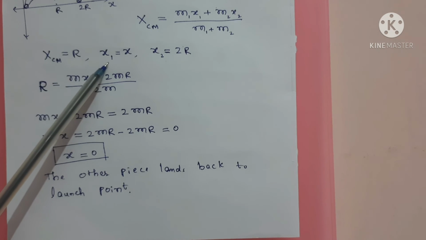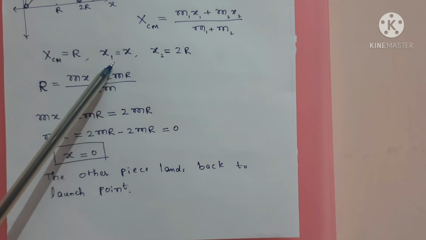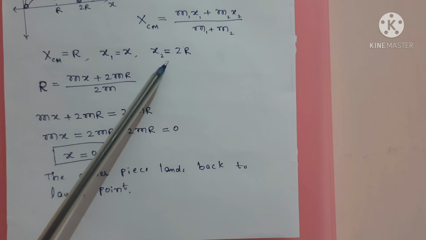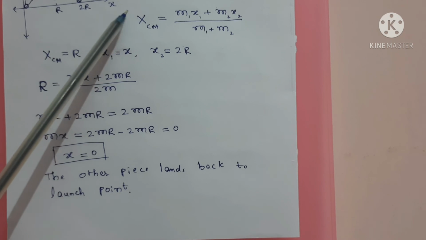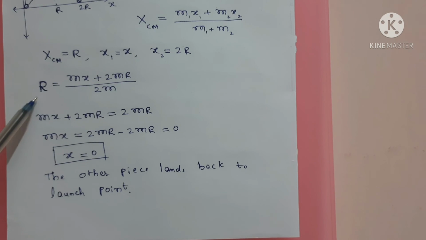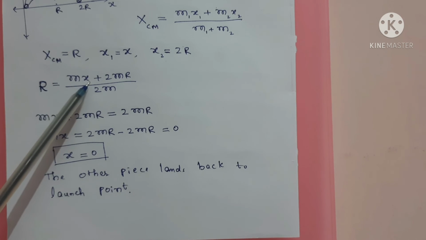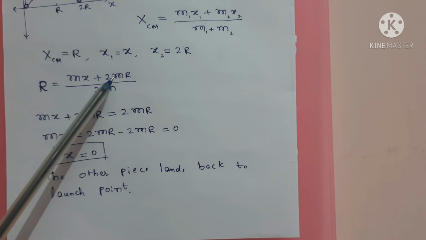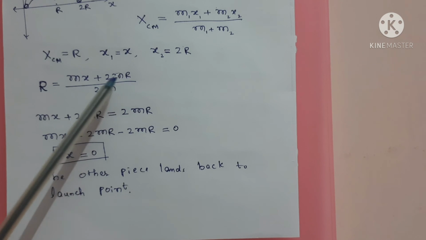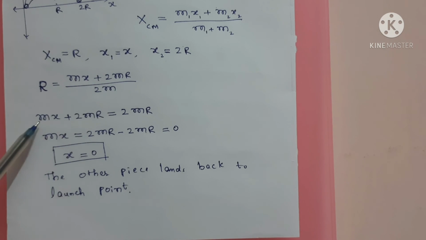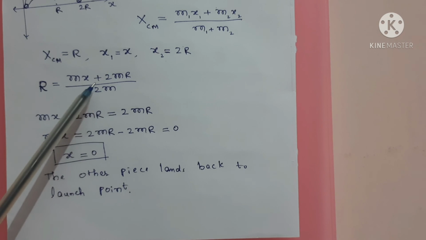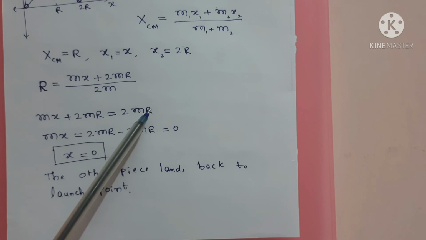x1 is the m1 x coordinate, x2 is the m2 x coordinate. Now I am substituting. Here xcm means R equals (mx plus m times 2R) divided by (m1 plus m2), that is m plus m, 2m. Now you do some simplifications. mx plus 2mR equals 2m into R, that is 2mR.